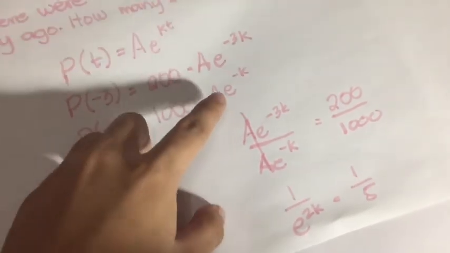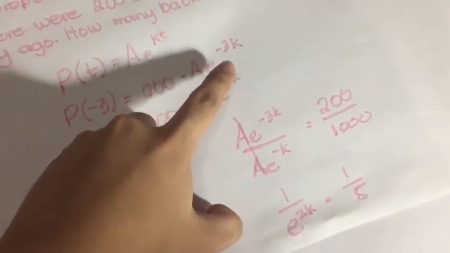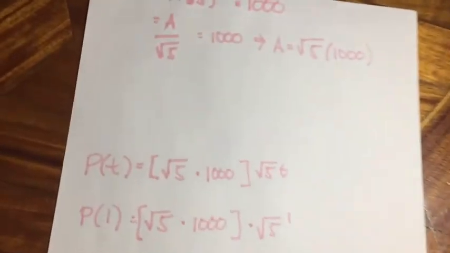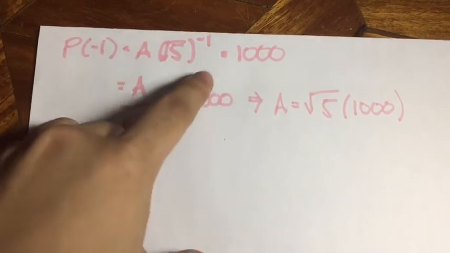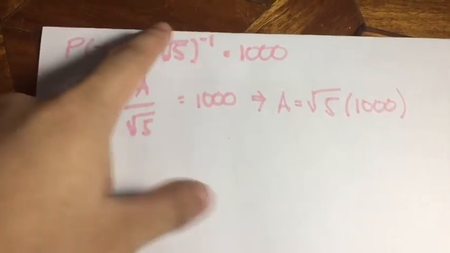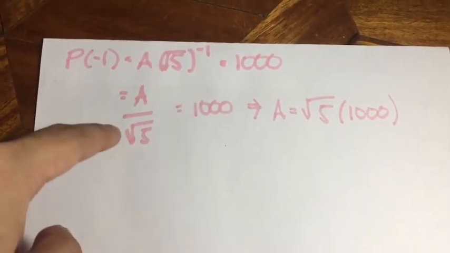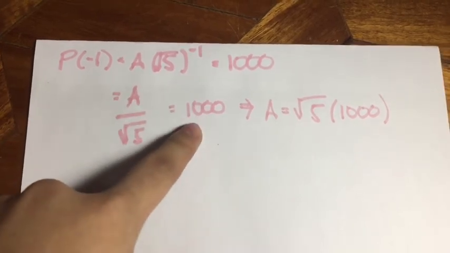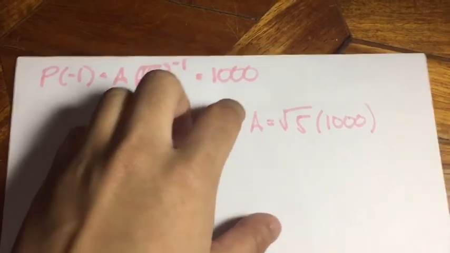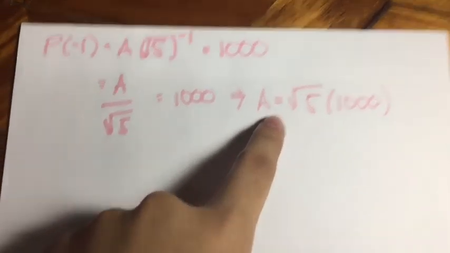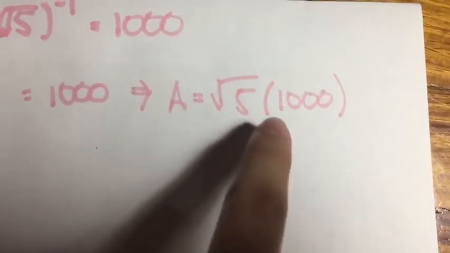It's the same; we're just putting in all the substitutions that we found a while ago. Since the exponent is negative, you can now put A over square root of 5 equals 1000, and soon you'll find that A is equal to square root of 5 times 1000.